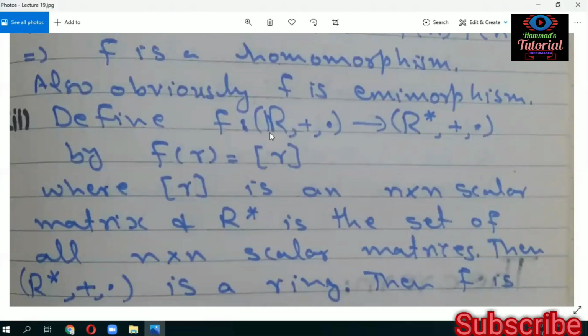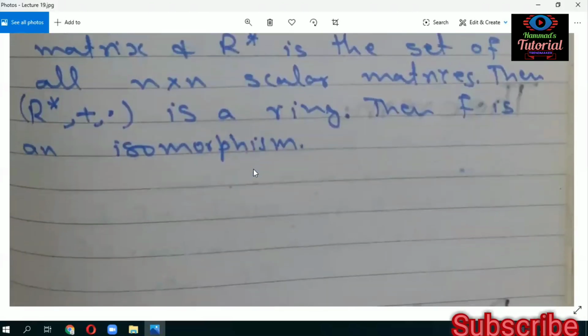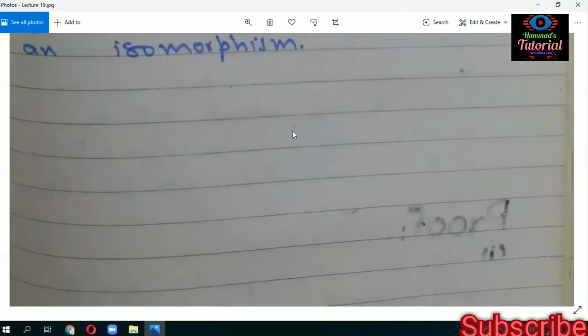For example, if it is a 2 cross 2 matrix, then r 0, 0 r, and if it is a 3 cross 3 matrix, then r 0 0 is the first row, 0 r 0 the second row, and 0 0 r the third row. Similarly, this can be written as an n cross n square matrix. Then this is also a homomorphism. So these are the two examples of ring homomorphism.